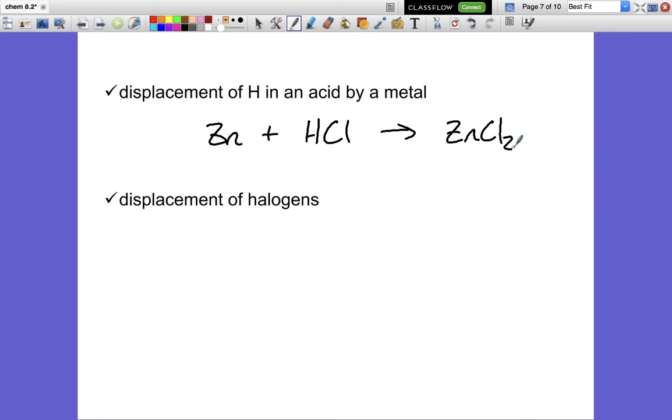I am going to need 2 chloride ions to go with that zinc ion, because zinc is a +2 charge. And then I'm going to make hydrogen gas again. Hydrogen is always diatomic, so I have to write it that way. And again, balancing, that means I'm going to need 2 of these hydrochloric acid molecules to react in this equation.